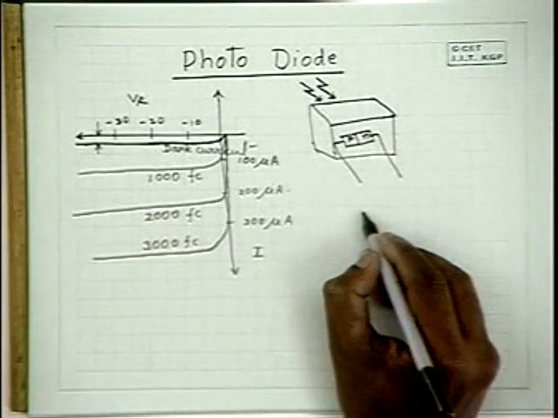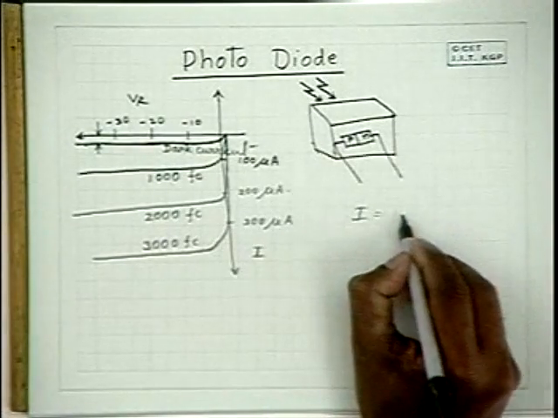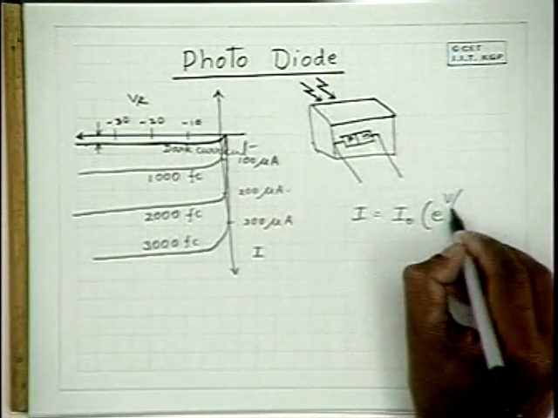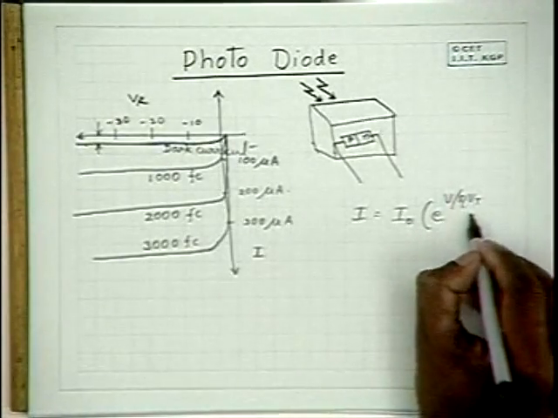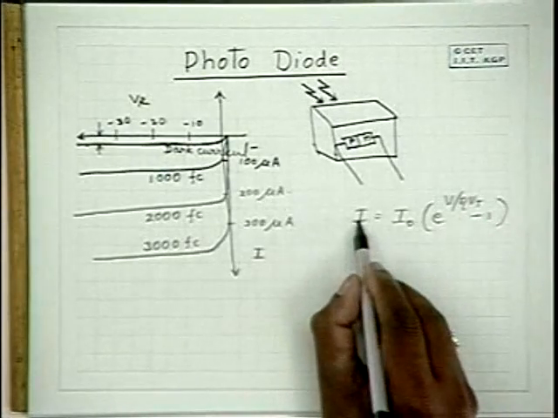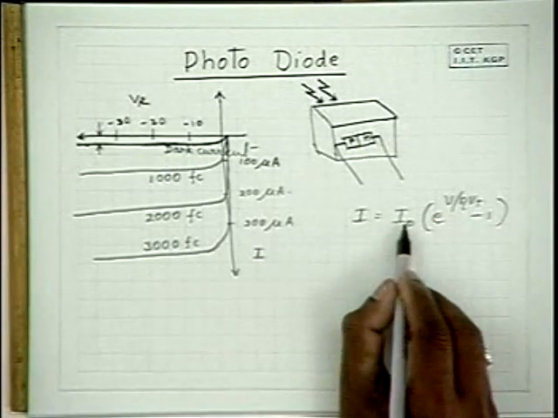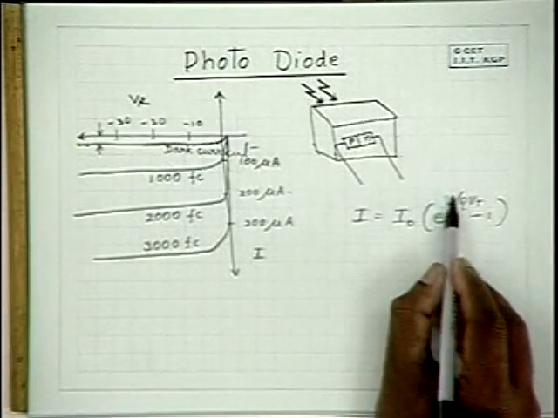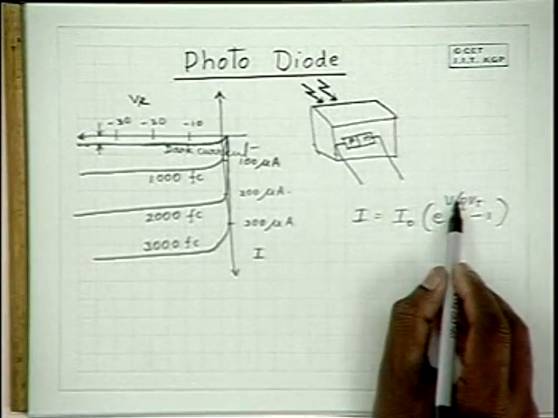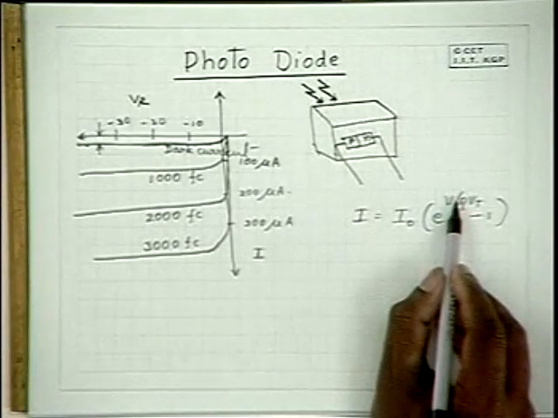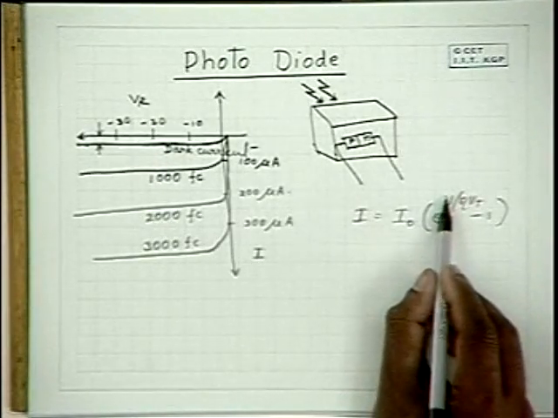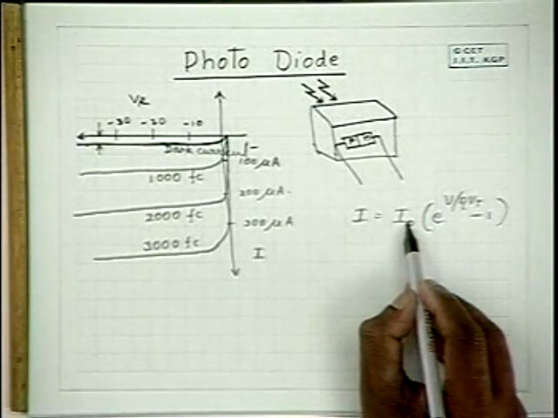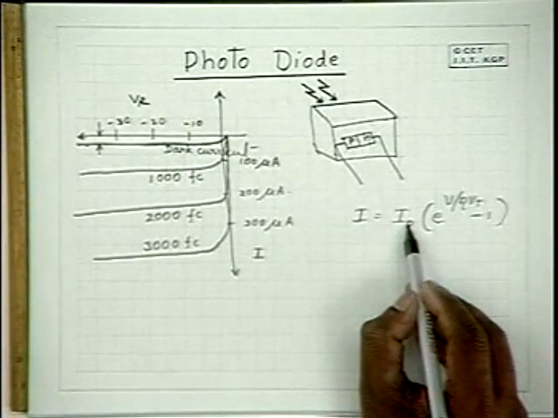So we know that the diode VI characteristic is given like this. I is equal to -I0, the reverse saturation current, when the reverse voltage is very large, so V is of the order of, say, -5, -10 volts.